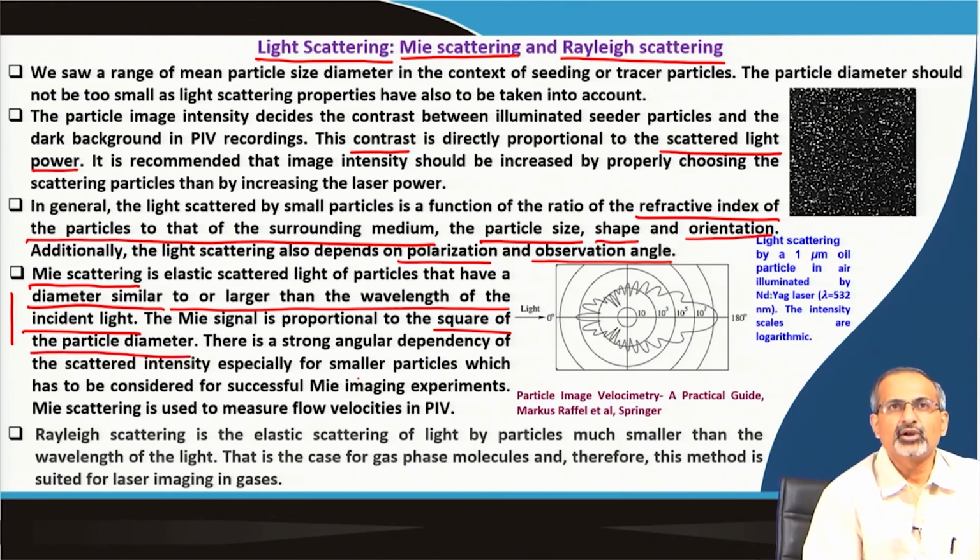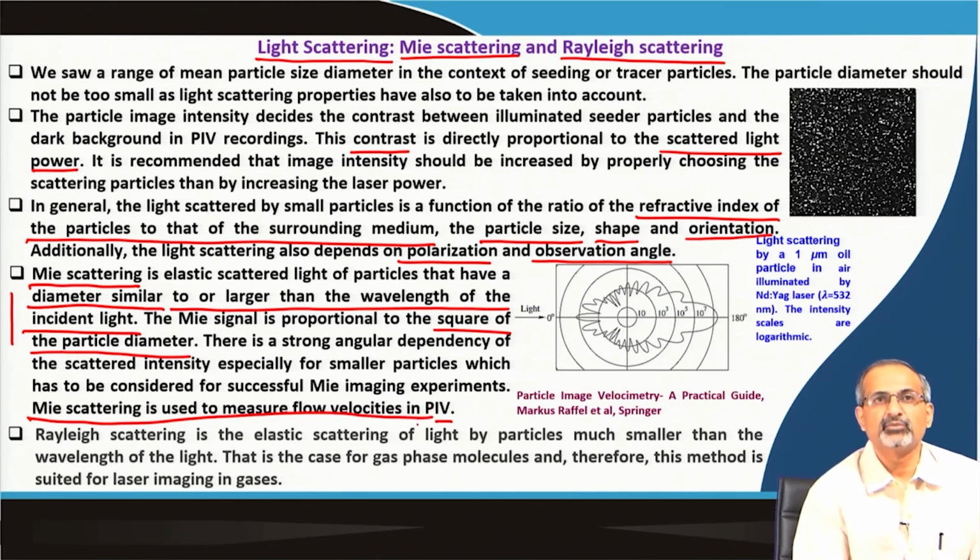There is a strong angular dependency of the scattered intensity, especially for smaller particles, which has to be considered for successful Mie imaging experiments. Mie scattering is used to measure flow velocities in PIV. So, this mode of scattering is very important for us.